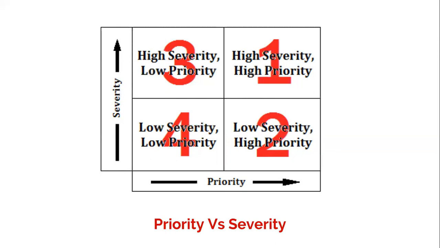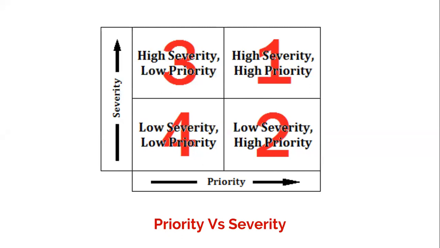For the second one, high severity and low priority, not one of the major functionalities is available and can be done with the other options which are available. From a banking perspective, again, the online banking system having the email functionality not working can be termed as a high severity, low priority defect.